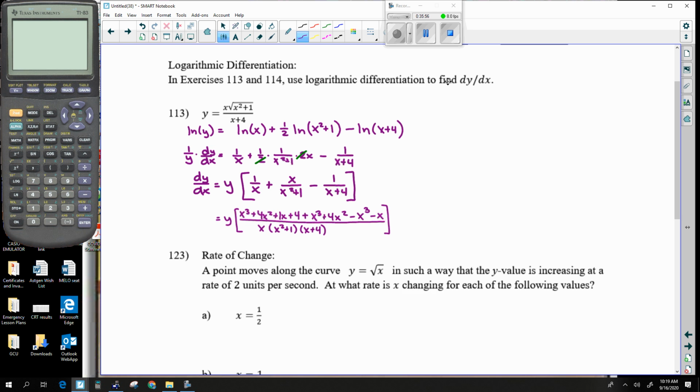Okay. Simplifying this thing, I have a negative x to the third, a positive x to the third. Negative x, I have a positive x. So this is equal to x to the third.